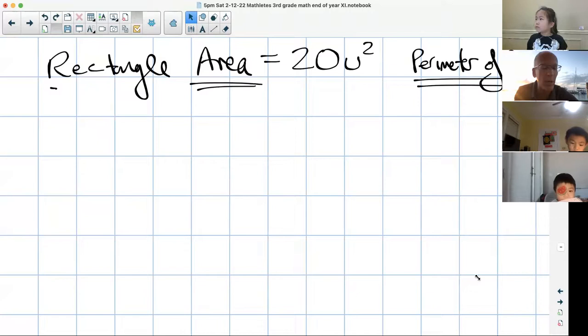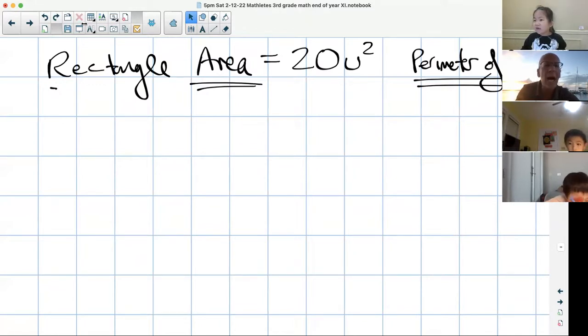Okay, Eleanor, can you explain why you drew a 10x2 and a 5x5? 10 by 2 is the area of 20.